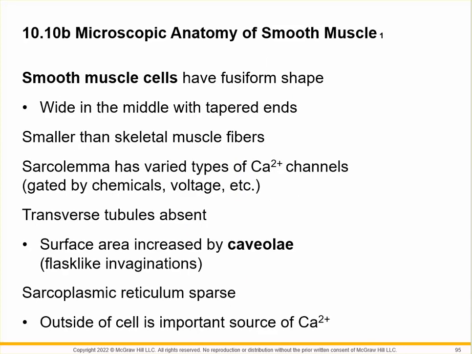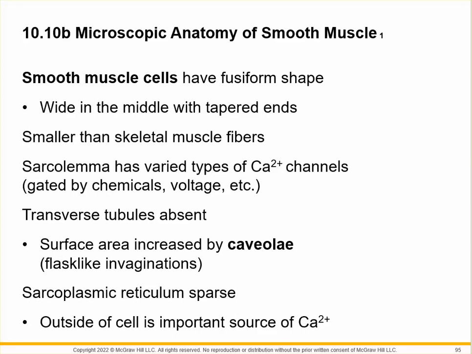It almost looks like a stratified epithelium. The cells are fusiform, which means they look like Bob Marley maybe rolled them at 420.